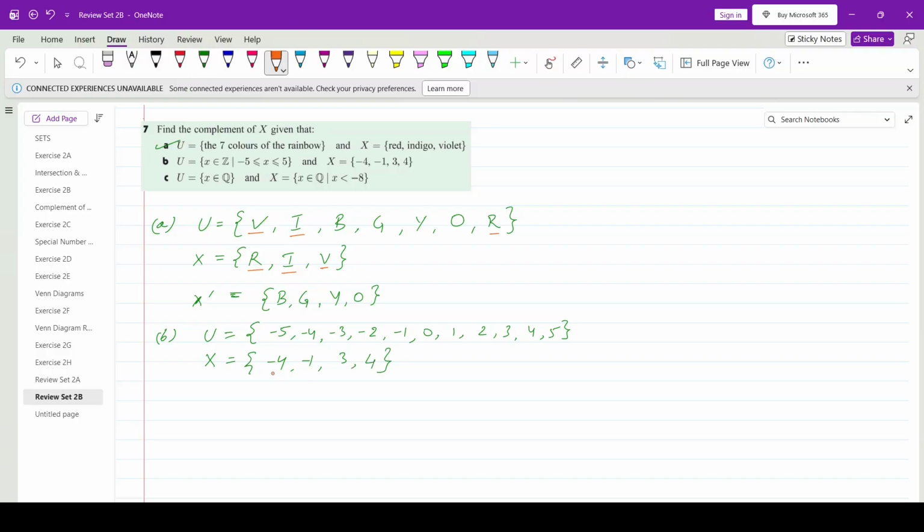So which elements are common? This is common with this one, this is common with this one, this is common with this one and this is common with this one. So X complement is going to be all the elements from U that are not present in X. -5, -3, -2, 0, 1, 2 and 5. This is our answer.